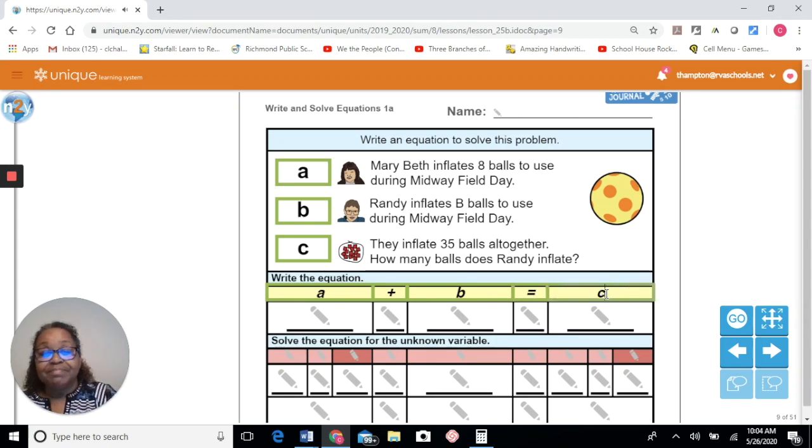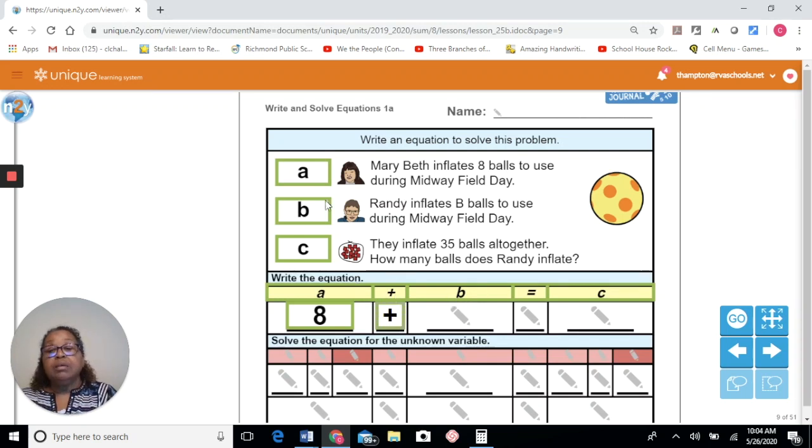C. Okay, now we start substituting to find out which variables we know and what we will be solving for. So variable A is 8. We substitute A and we get 8. We know our operation is going to be addition because we have the word altogether. And we've already figured that out. So we just bring down the equation.